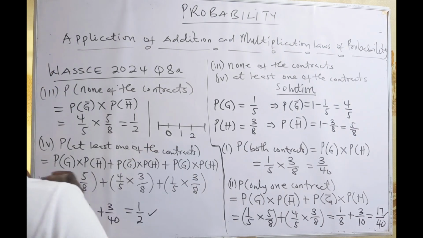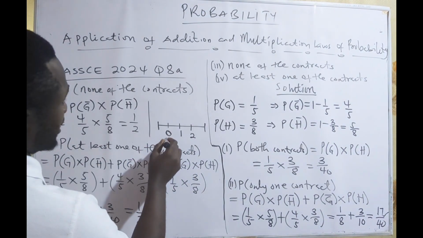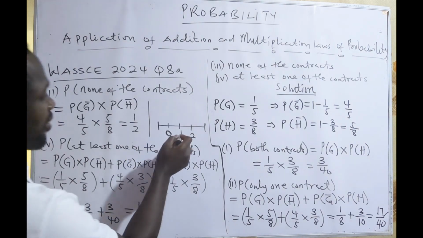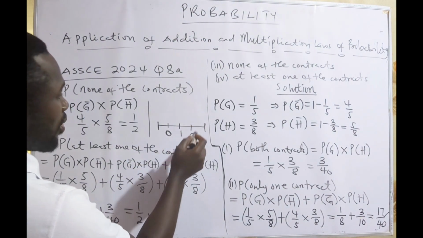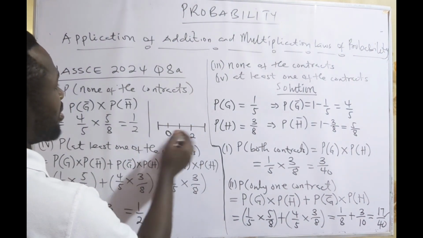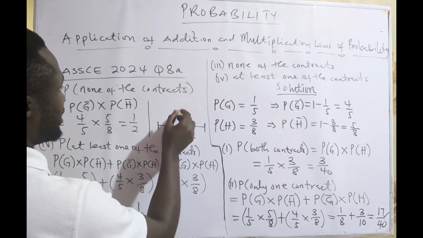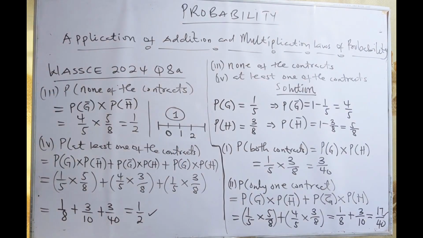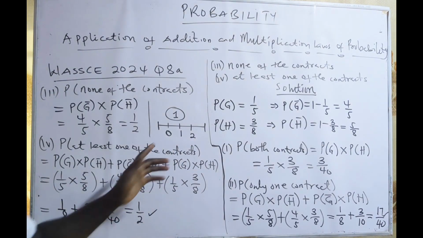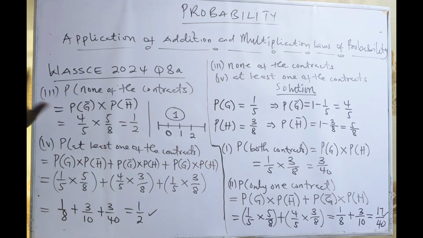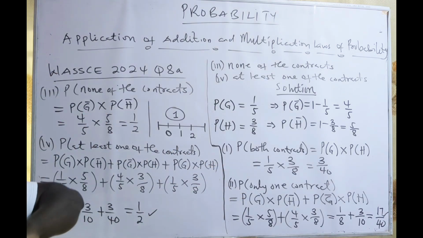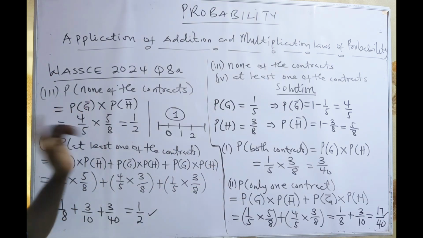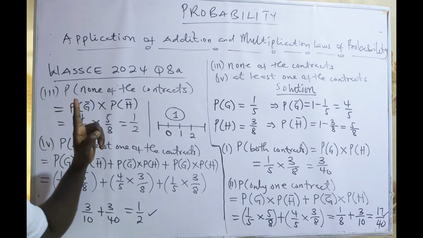When you add the probability of not winning any, winning 1, and winning all the contracts, it will give you 1. That is the totality of probability, because this is the only thing that can happen, because the events are 2.